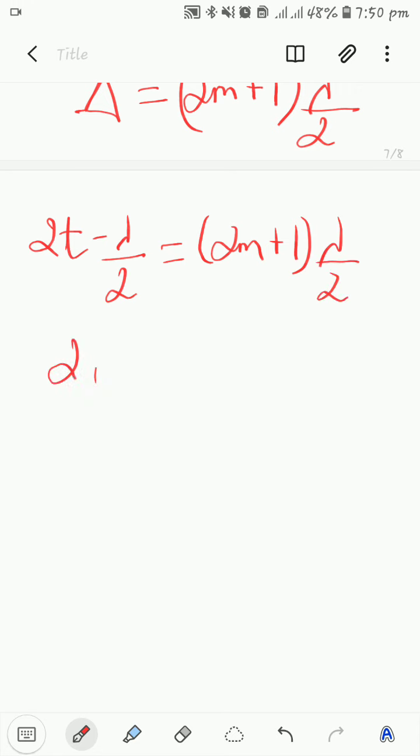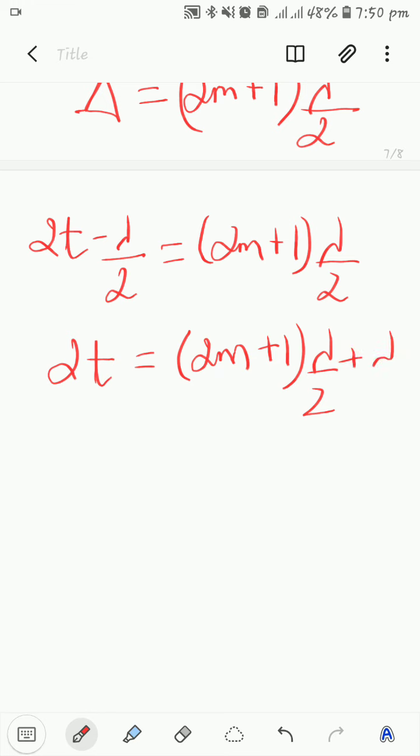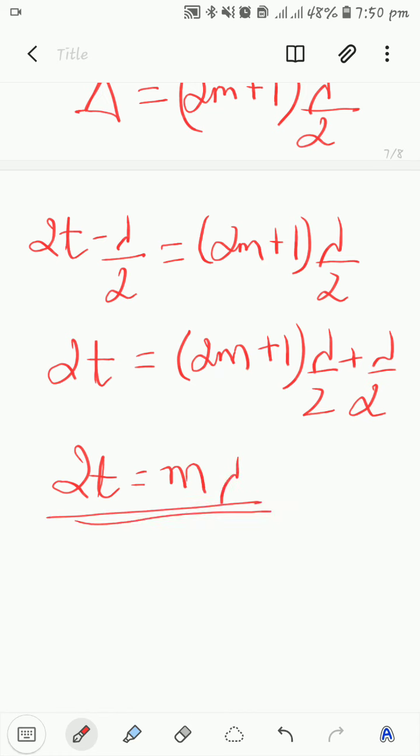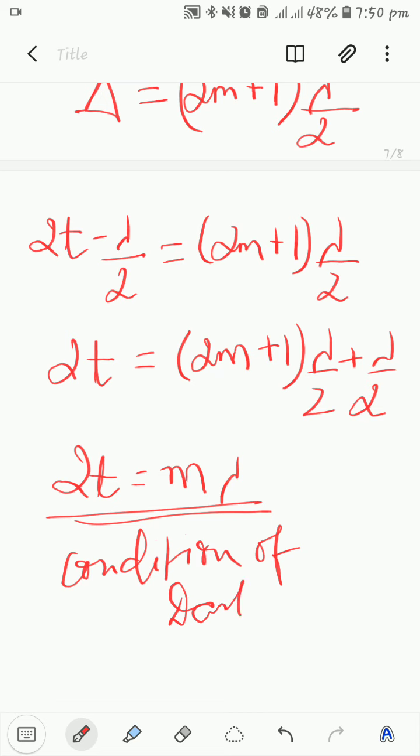Solving this, we get 2t is equal to twice m plus 1 into lambda by 2 plus lambda by 2, and on solving further, 2t is equal to m lambda. This is the condition for brightness in normal cases, but here, due to the change of pi radians, we get it as the condition of darkness. So the normal condition for darkness becomes the condition for brightness and vice versa.